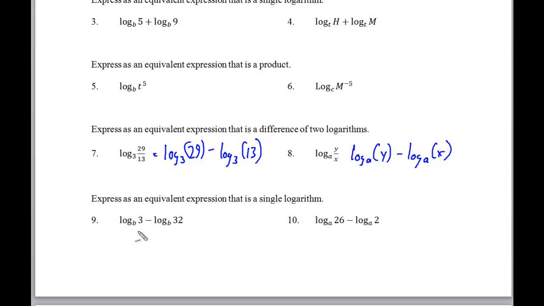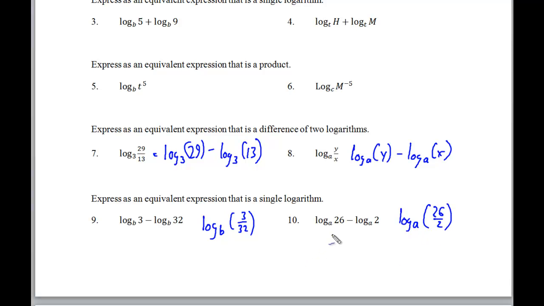Okay, now down here for problem 19, we're going to put these together. So since these are being subtracted, let's write these as a single logarithm. Log base b of 3 over 32, and this is going to be log base a of 26 over 2.